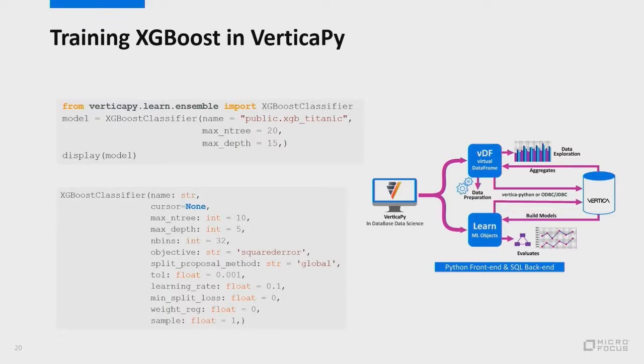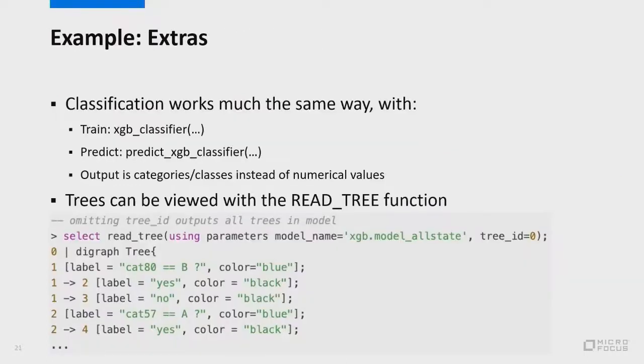You import XGBoostClassifier from VerticaPy. You make your model. You give it the table, number of trees, max depth. These are pretty high values. Likely on a good data set, you wouldn't need such high values. And then you display your model, and here we also see all the parameters that you can tweak if you would like. So some extras.